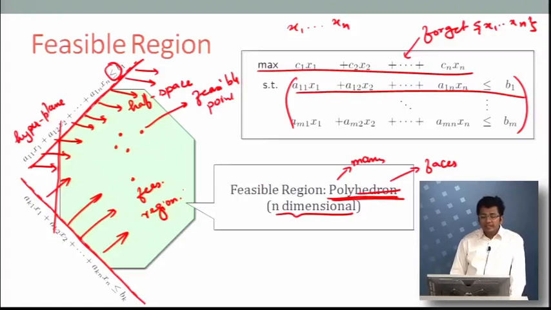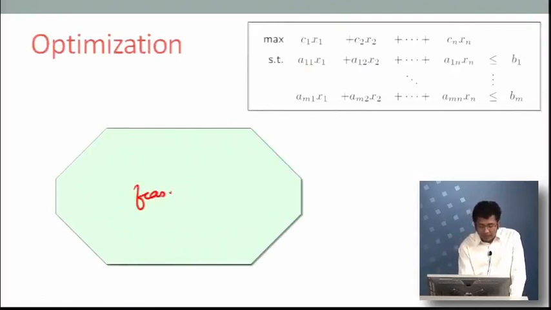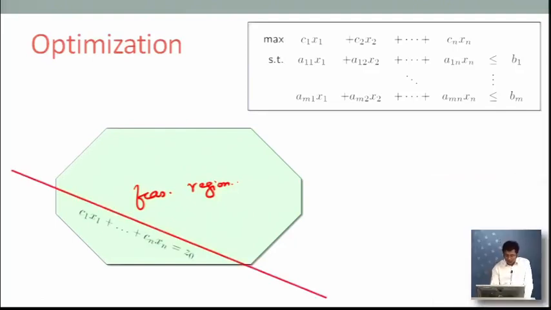Okay, so with this terminology established, what does the objective function mean? Here again is the linear program, here again is the feasible region, and let's look at what the objective function means. First of all, we can look at what are called the level sets of the objective function. What is a level set?